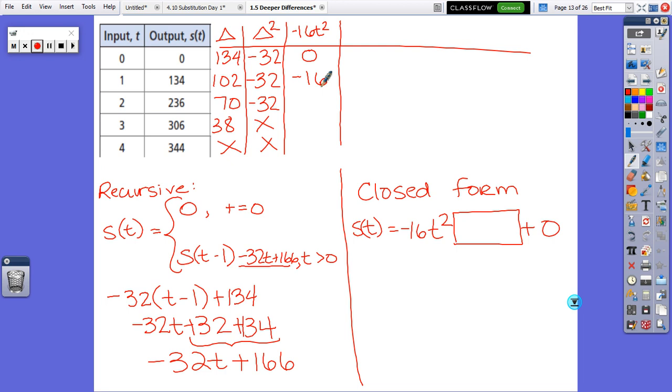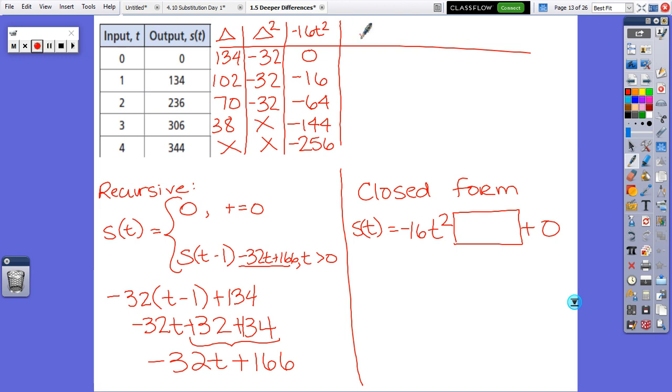Okay? 2 squared is 4. 4 times negative 16 is negative 64. 3 squared is 9. 9 times negative 16 is negative 144. And 16 times negative 16 is negative 256, okay?